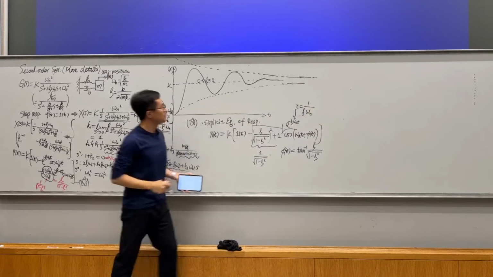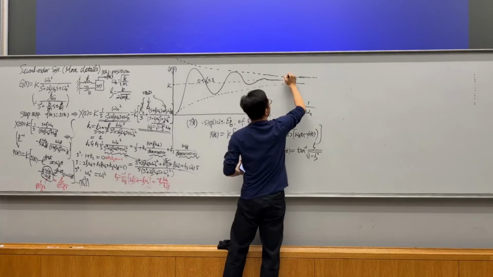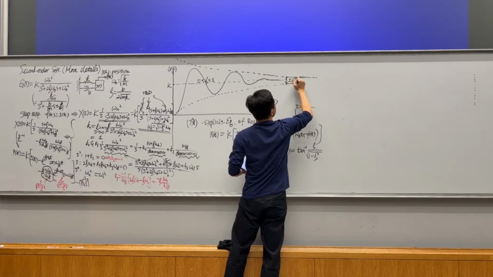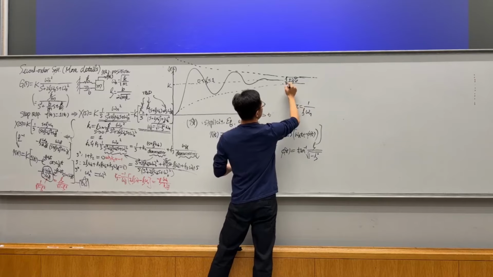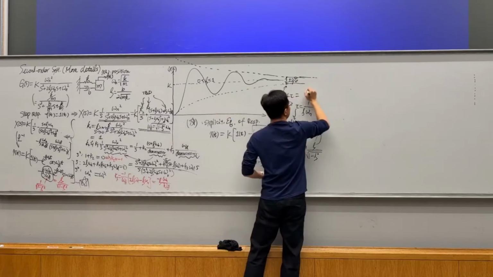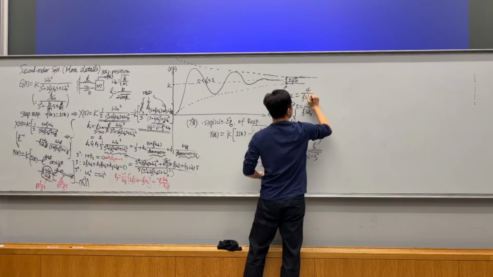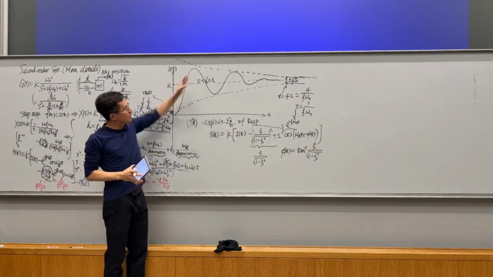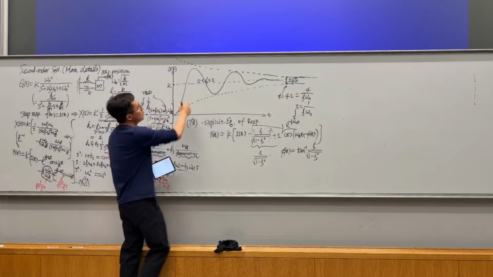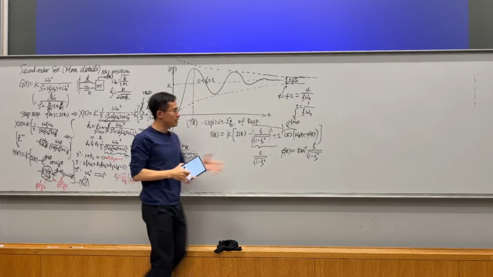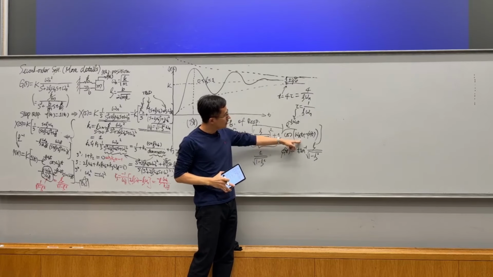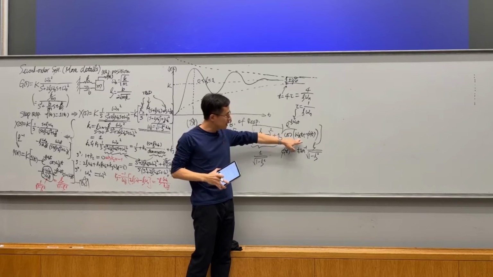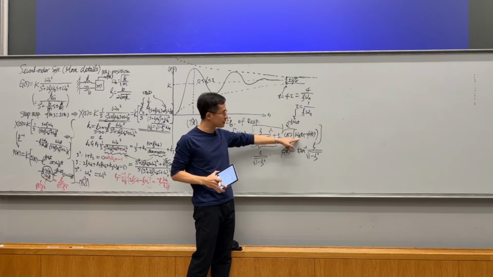The settling time is when the response is within roughly plus or minus 2% of the steady state value. That's when we reach 4 times the time constant, and it equals 4 over zeta omega n. The peak time that I asked you to do is defined by the oscillation signal, so it's going to be defined by the period of this sinusoidal function.